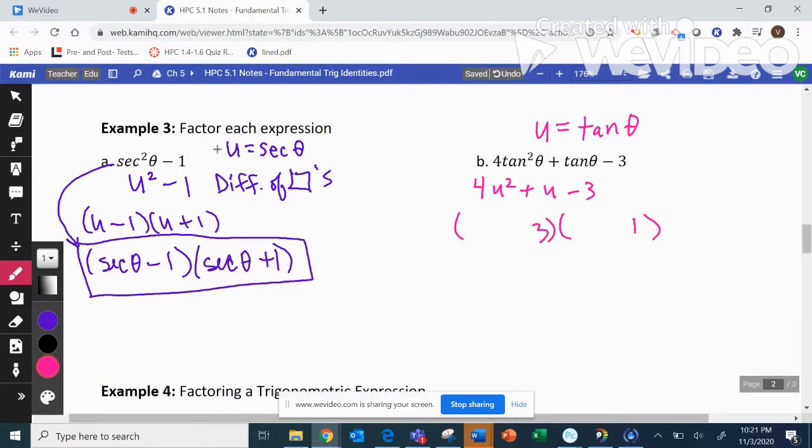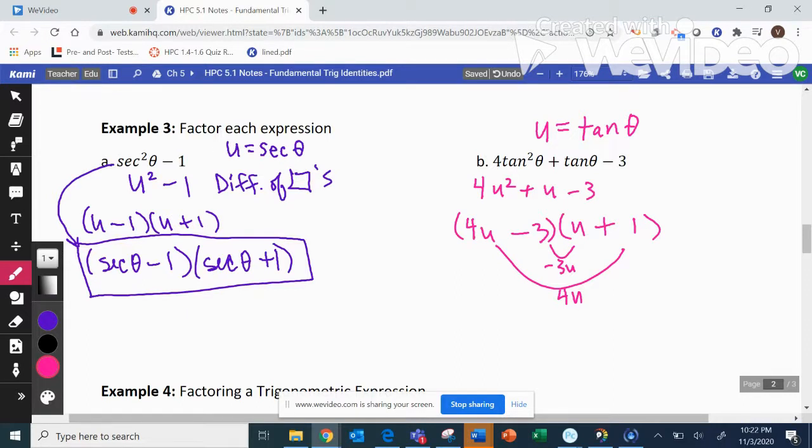So most likely I'm going to be multiplying 4 and 1, and 3 and 1 and subtracting them. So 4, that would need to be positive. This would need to be negative. So if I checked my answer, I would get 4U minus 3U, and that equals 1U in the middle.